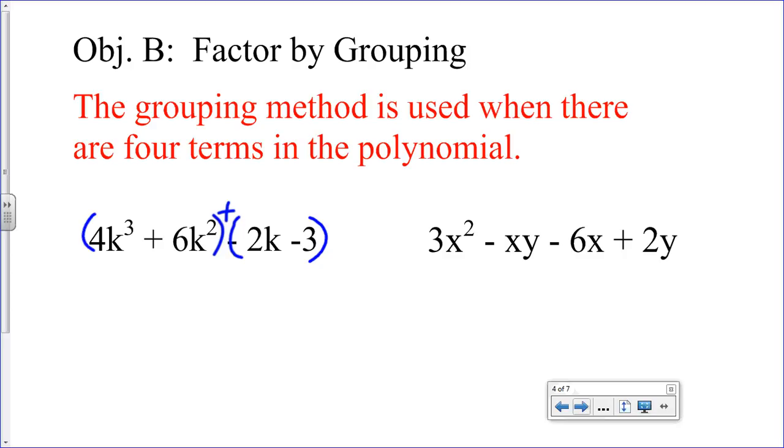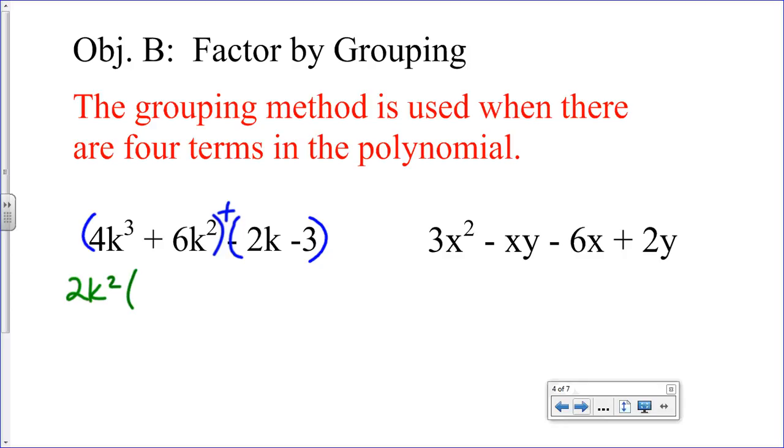Okay, then I need to factor out GCFs from both sets of parentheses. So if I look at my 4 and 6, what is the GCF of 4 and 6? 2. And then my k's? K squared. Good.